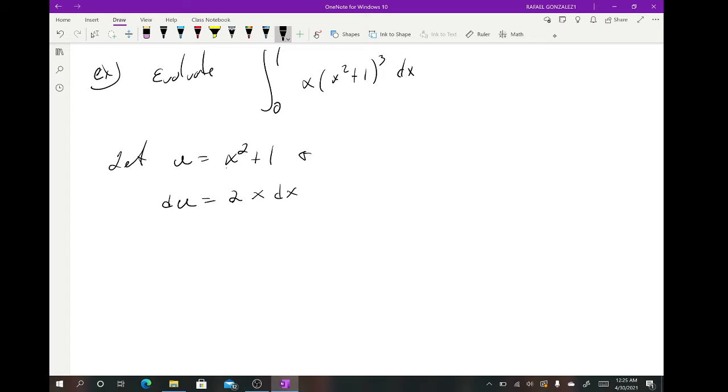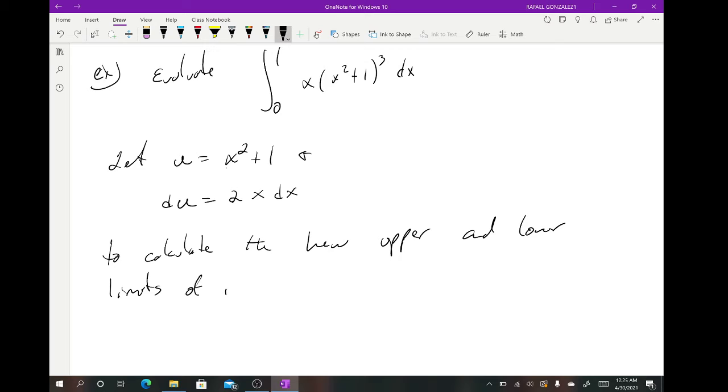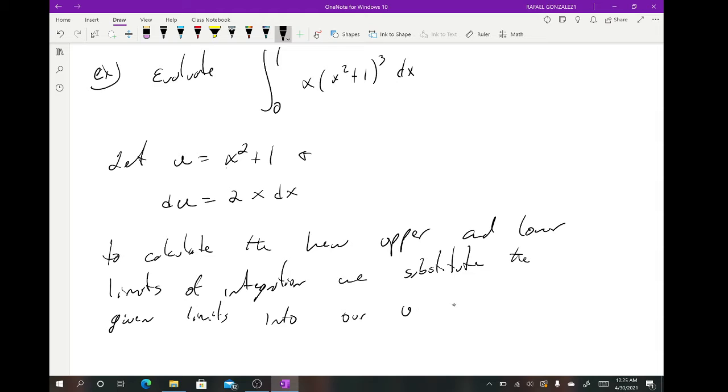When we calculate the new upper and lower limits of integration, we substitute the given limits into our u substitution.